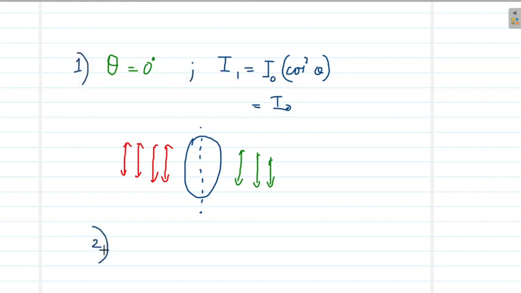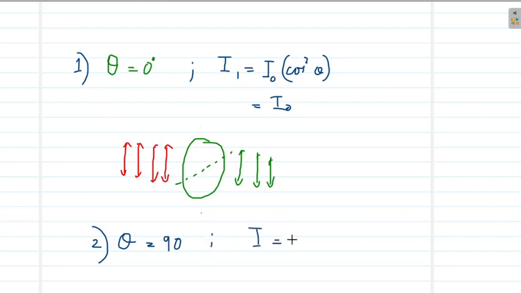Now what will happen if theta is equal to 90 degree? That means if we place this analyzer aligned in such a way that the transmission axis is perpendicular to this plane of polarization, we will have I1 is equal to I0 into cos square 90 degree, which is 0. So I1 is equal to 0.